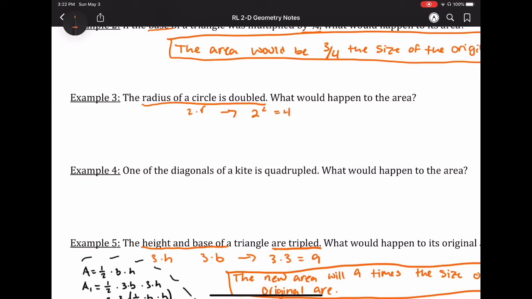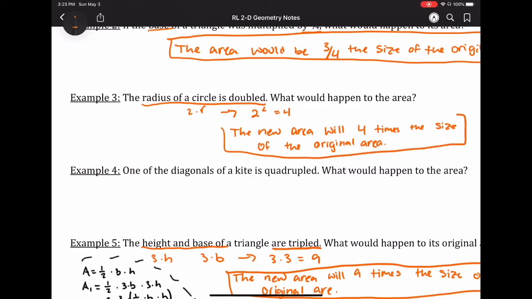So I now say that for my new area, the new area will be 4 times the size of the original area. So this one will be 4 times larger.